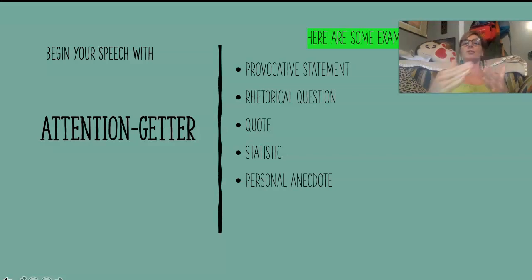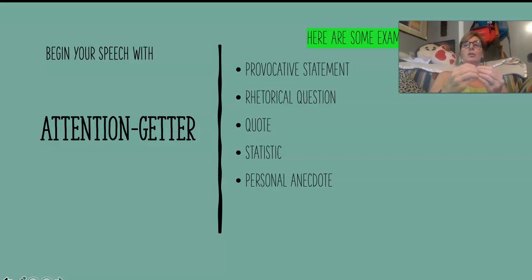There are many ways you can engage. You could start with audio, right? We could hear the sound of a song, or, since you're doing a personal symbol speech right now, it could be the sound of birds. Let's say the cardinal was your totem bird or something, and so you started with the sound of birds. Anything that you could do that's brief that will get the attention of the audience.